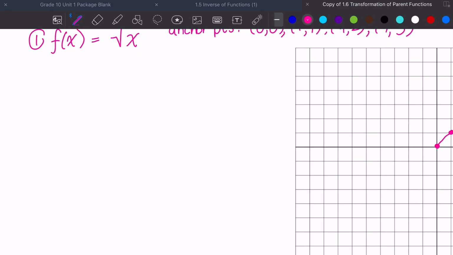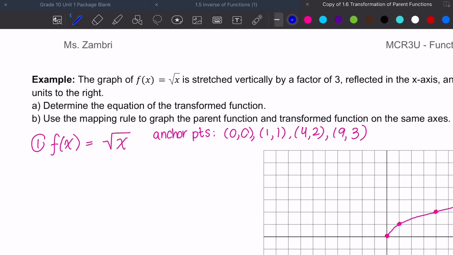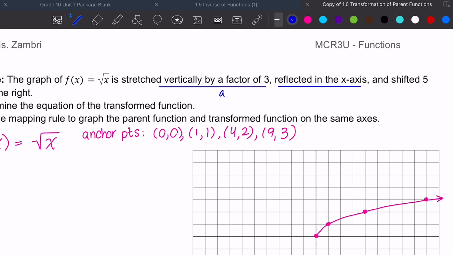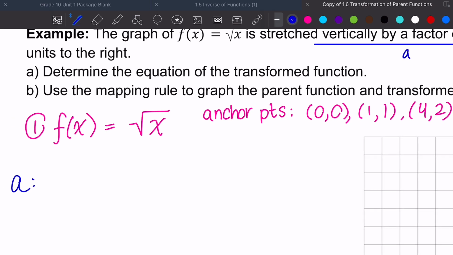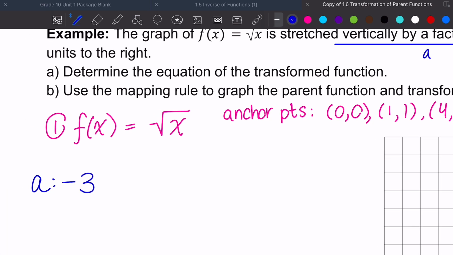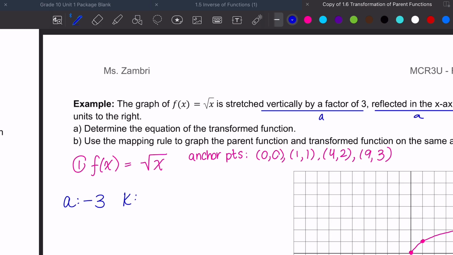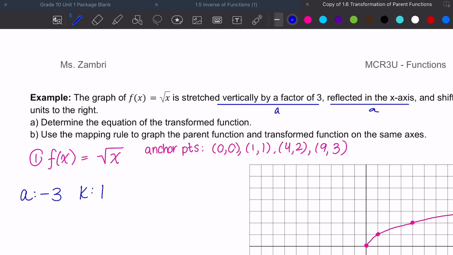Okay, we've got 4 minutes to the bell, so let me just do this super quick. So for our transformations, we've got a vertical stretch by a factor of 3, and it's reflected in the x-axis. So that is also related to A. Those 2 things are going to make A. So A is -3. It doesn't tell me anything about K, so K is just 1.